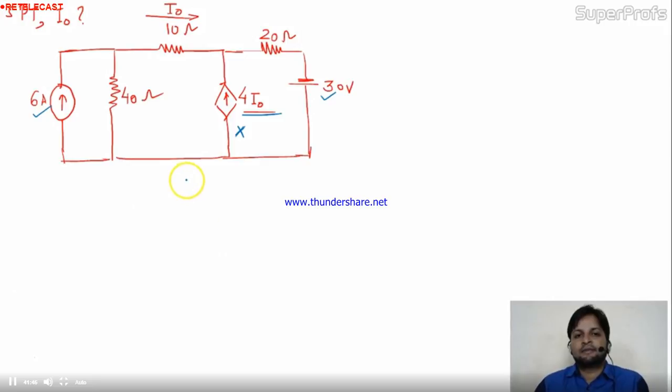Suppose we apply source transformation or Thevenin theorem or whatever, this is a mandatory condition: don't touch the dependent sources. Why? Because the value of the dependent source is not fixed. The value is dependent on the circuit parameter. Right? So come here. In the first step, I'll keep the 6 ampere.